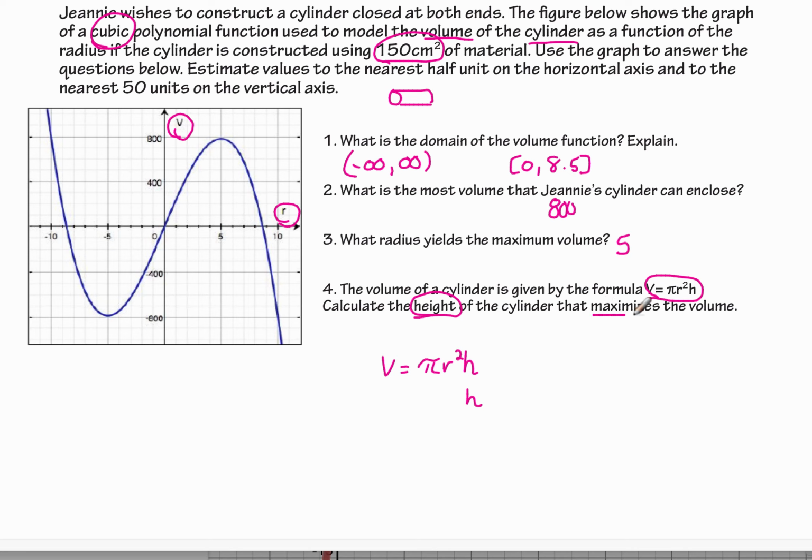They're asking me where does it maximize? Well, I know maximize is this point right here, which looks to be 800 for the volume and 5 for the radius. So in for v, we'll go 800. Pi is a constant. And in for r, we'll go 5. Now all I have to do is solve this equation. 800 divided by pi times 25.